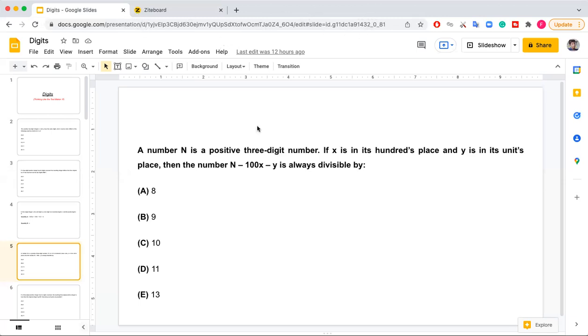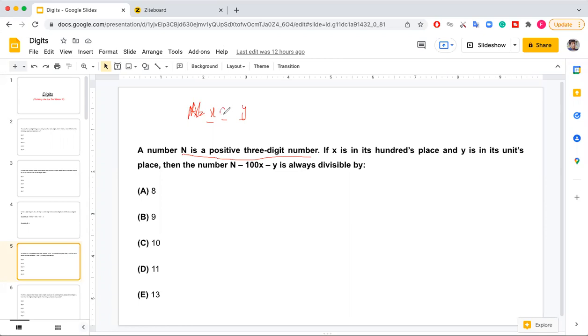Okay, so in this question, we have a 3-digit integer, a 3-digit number, and let's call this number N. The question is, if X is the hundreds digit place and Y is the unit digit place, then the number N minus 100x minus Y is always divisible by what?